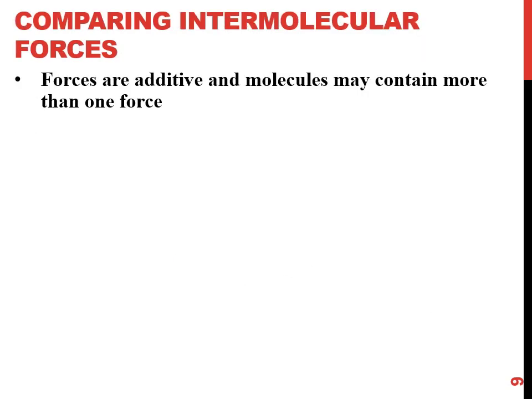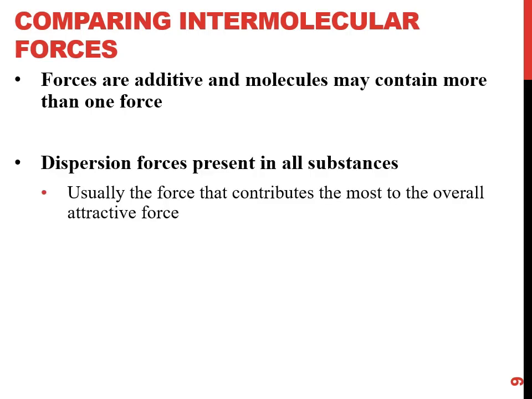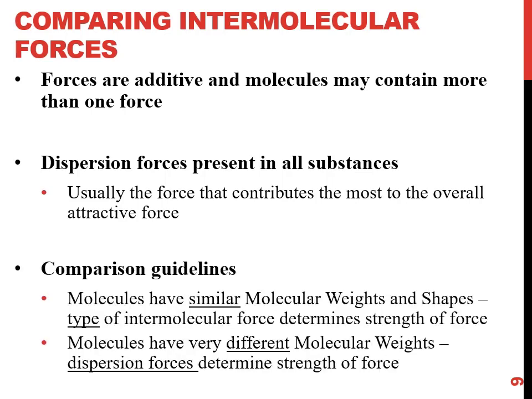All of these forces are going to be additive, and molecules can contain more than one type of force. Remember, dispersion forces are found in everything. All substances contain dispersion forces, and it's usually the force that contributes the most to the overall attractive force between the two molecules. So we do want to be able to compare the different types of forces, or how strongly molecules are attracted to each other based on the types of forces present.